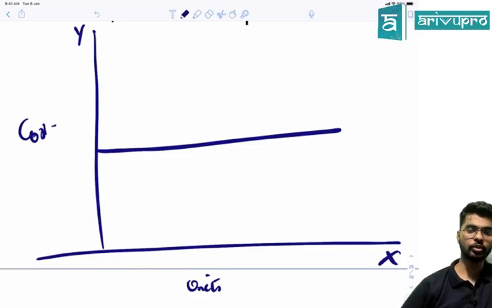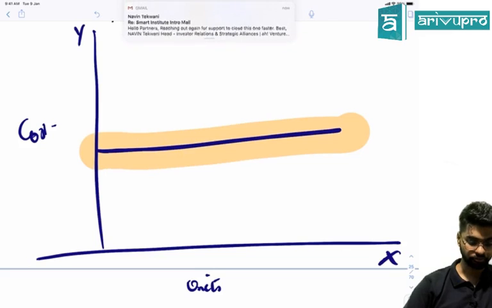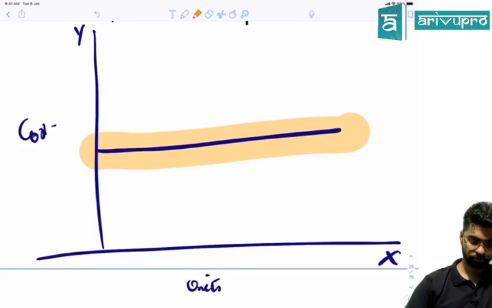Okay, now let's try looking into this. See, there is my cost line. Now, if I look into it, a cost which is parallel to the x-axis is which cost? Correct.